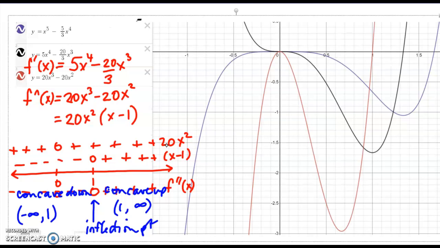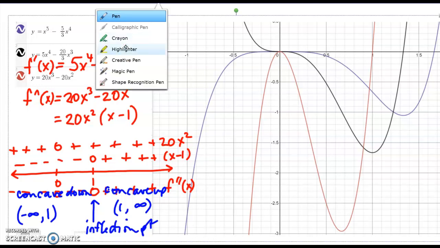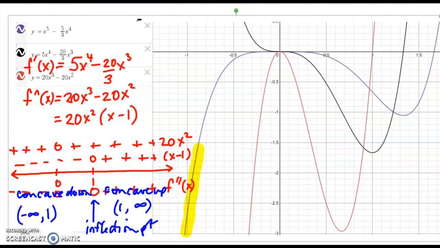Here's the graph for this one. Purple is the original function, and red is the second derivative. So you can see on the purple function, right on this spot, it's concave down. That tells us that our second derivative, which is red here, should be negative, and it is negative.